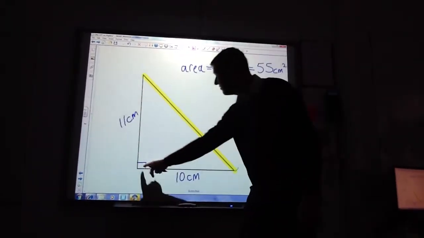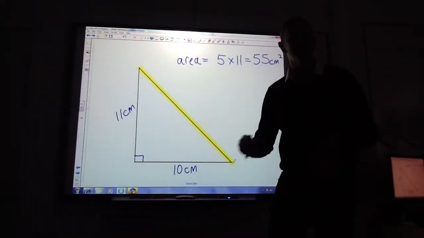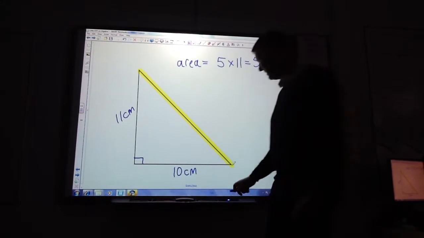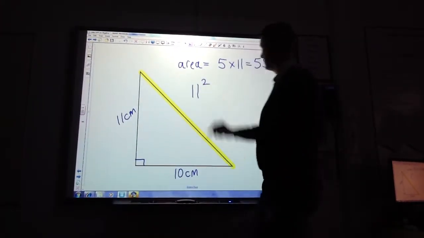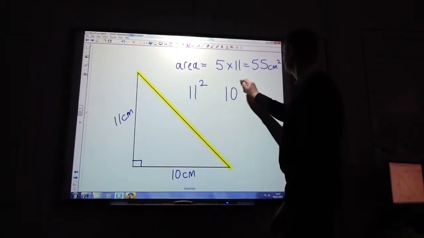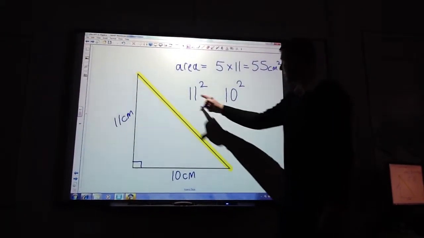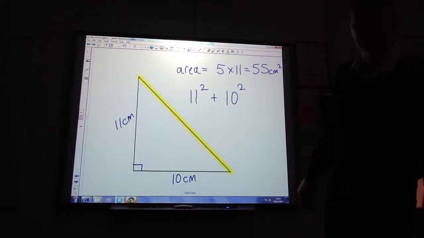If we were looking for one of the shorter sides, it would have been square, square, take away, square root. What that means is we're going to do 11 squared, that's square, 10 squared, square, so that's the square, square. We're going to add those answers and then square root.